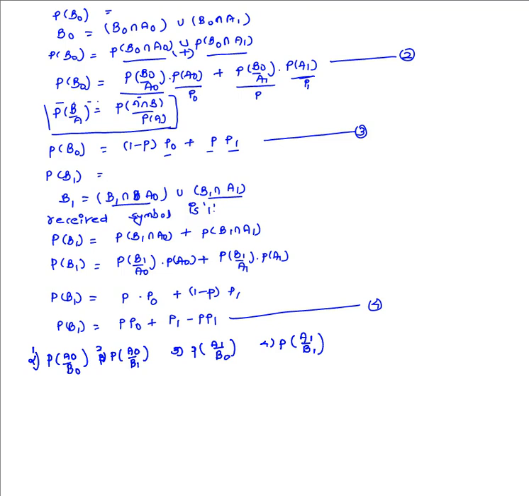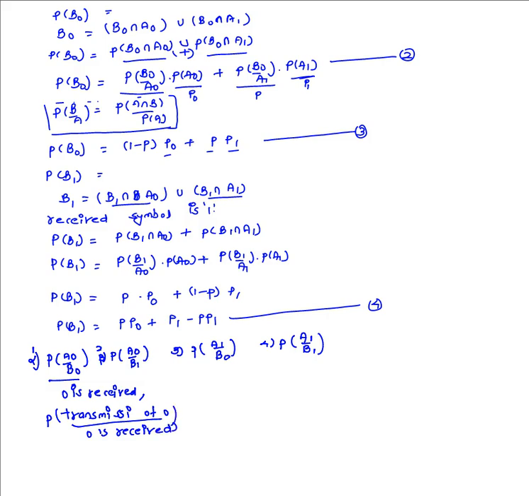We observe here P of A0 divided by B0. It is indicating that B0 has already happened, that means 0 is already received, but we are going to calculate the probability of transmission of 0, given that 0 is actually received.